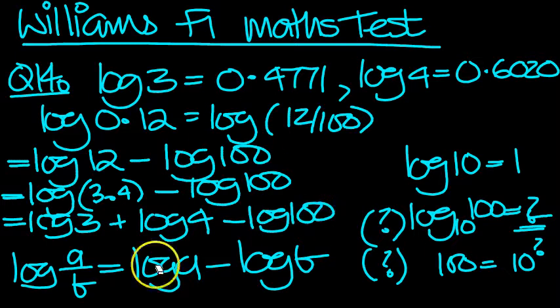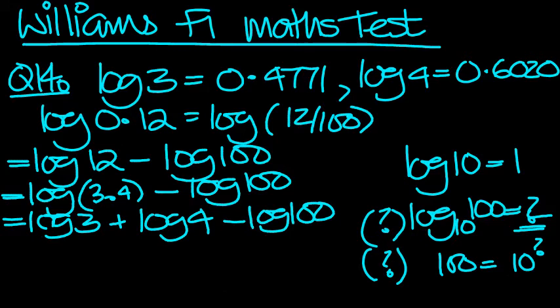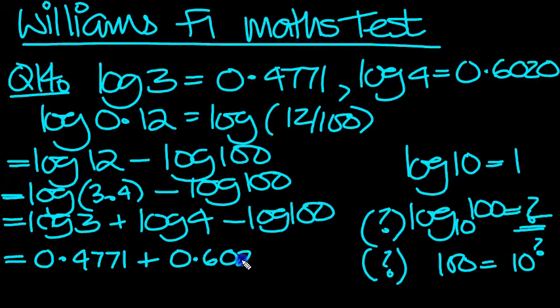So now let's tidy that up and see what we've got. Let's make a bit more room. We've got log 3, which is 0.4771, plus log 4, which is 0.6020, and then minus log 100.